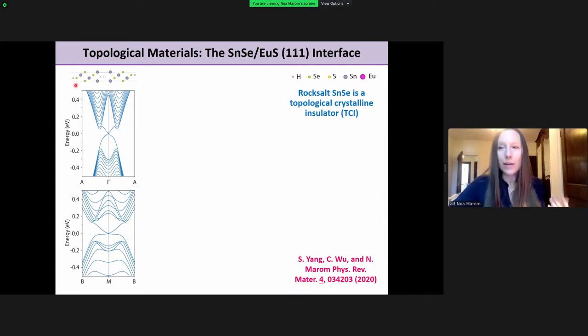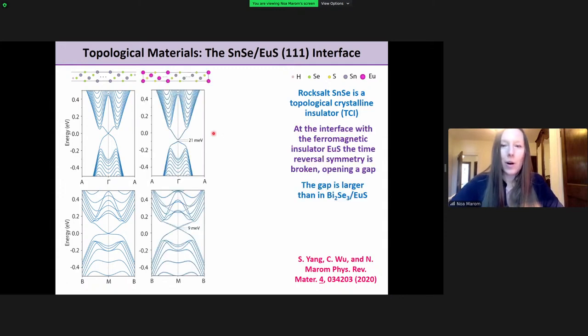So now we want to know if we can somehow open a band gap in this topological state in order to be able to use it for devices. So at an interface with a ferromagnet, the time reversal symmetry is broken, and then you can open a gap in this topological state.